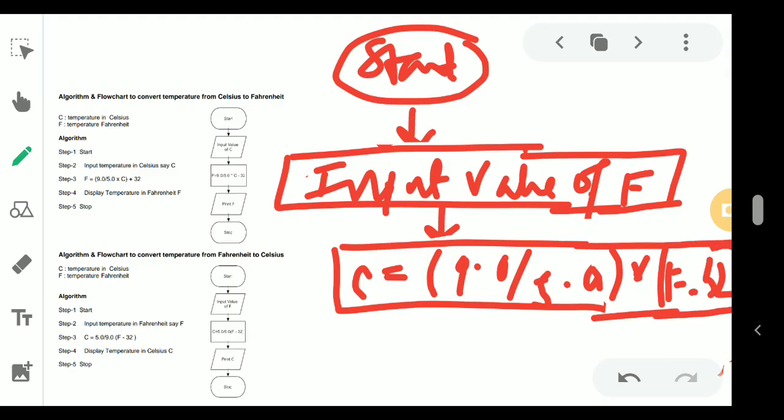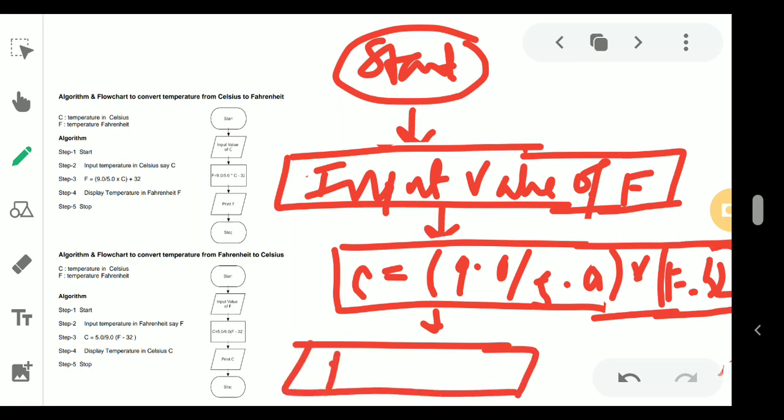Okay, this is the formula. Now we are printing the Celsius value. Print C, and now from that we can draw the stop.